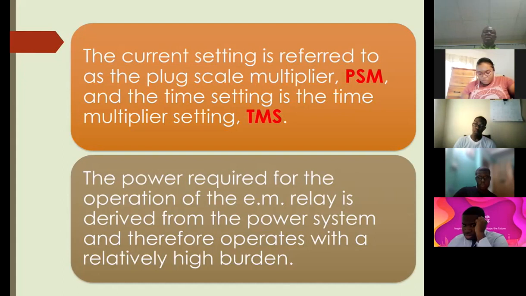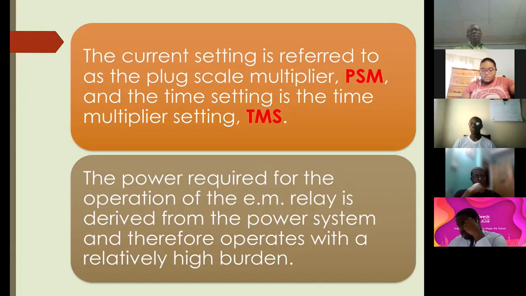So the current setting for your relay is known as the plug setting multiplier. That's one way of referring to it. The plug setting multiplier times the nominal current really gives you the tap current or the plug current.